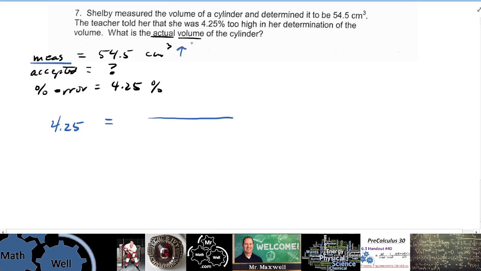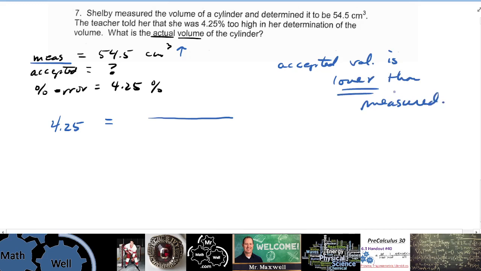Her measurement is too high. So the accepted value is lower than measured, okay?